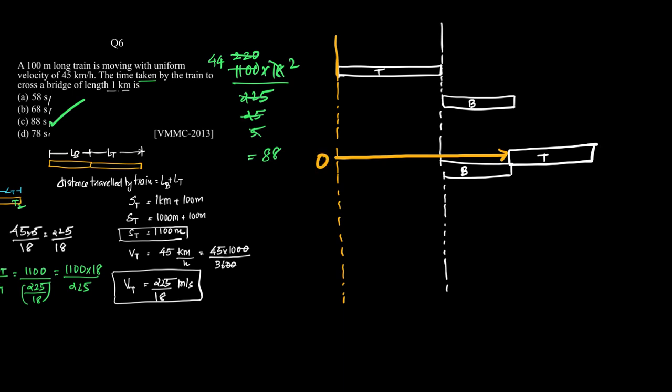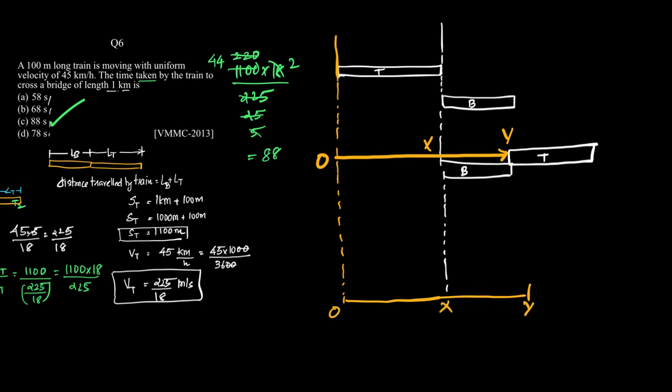I'll make this O and let us choose say Y and this to be X. So the distance traveled by the train, I repeat, is basically OY, right? So OY is this complete distance.